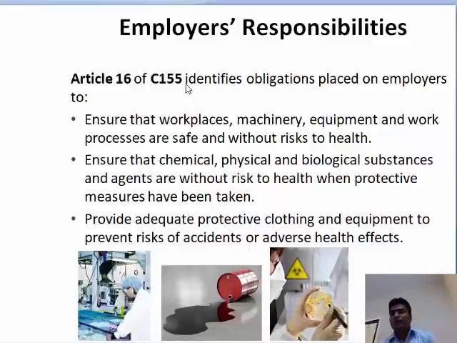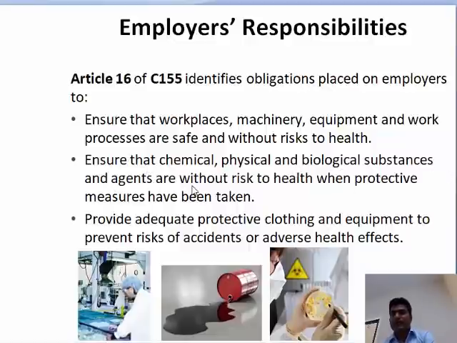What is the employer's responsibility according to Article 16 of Convention C155? Convention 155 has many articles, and Article 16 states the responsibility of the employer. What is the first responsibility of the employer? Ensure that workplace machinery, equipment and work processes are safe and without risks to health.